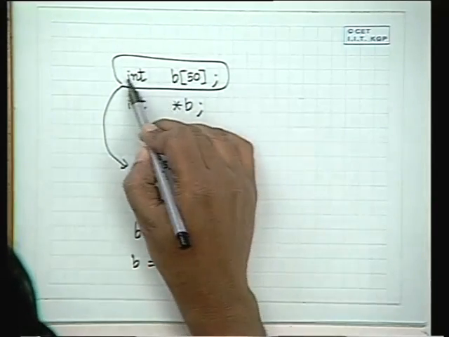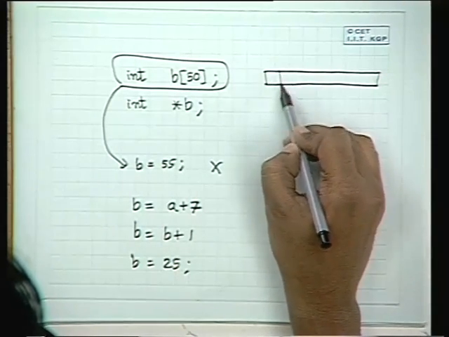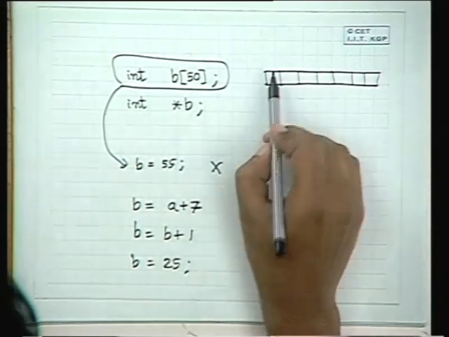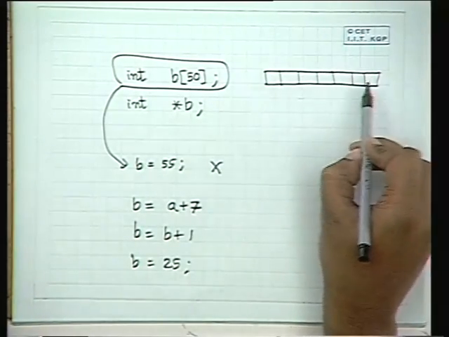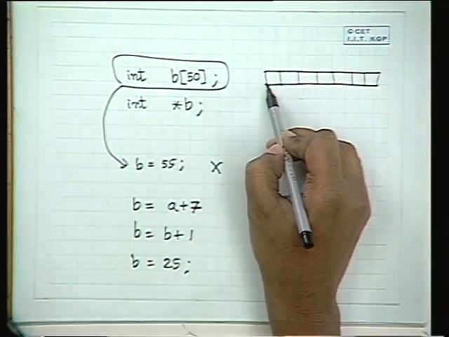So when this is declared, 50 integers are allocated. 50 elements, each of the size of an integer, are allocated, and B is the address of this, and it's a constant.